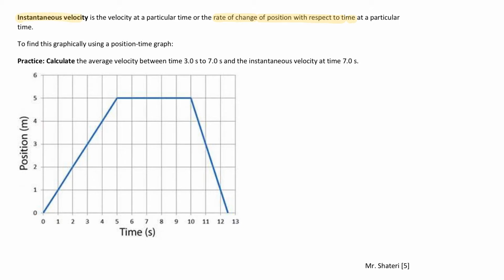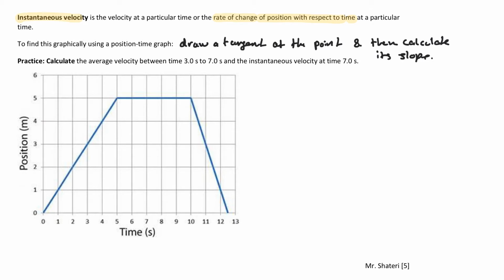So what we have to do to find that graphically is to draw a tangent at the point, and then calculate its slope, and that's from lesson 1.5.